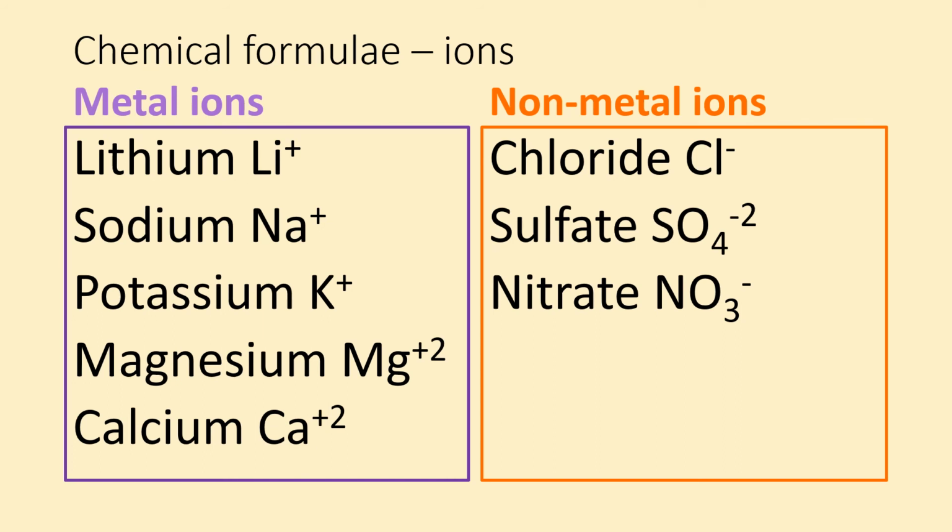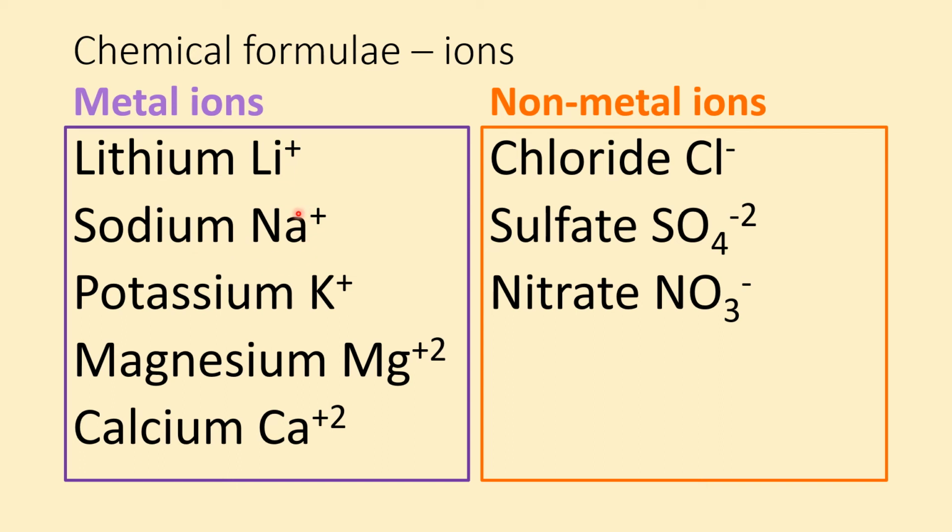All right, chemical formulae of ions. This is really interesting, but it's quite in-depth. So if it's too scary, just skip this bit and go to the summary. All right. So here are some really common metal ions that we talk about in science. Lithium, the formula for a lithium ion is Li+. So that's just the element symbol and a plus showing you that it's got a positive charge.